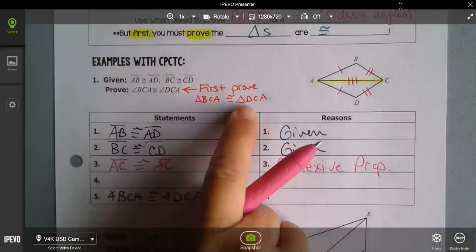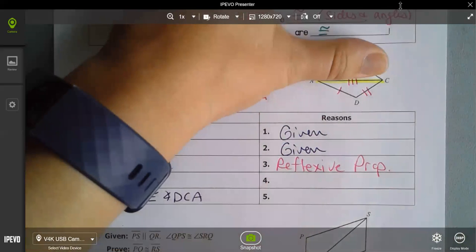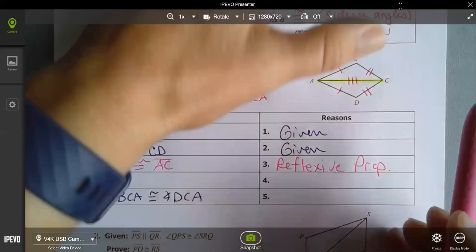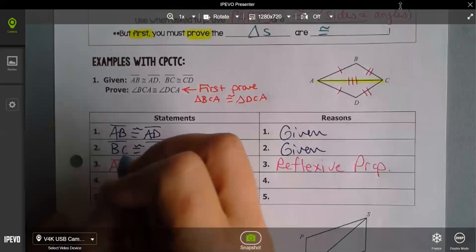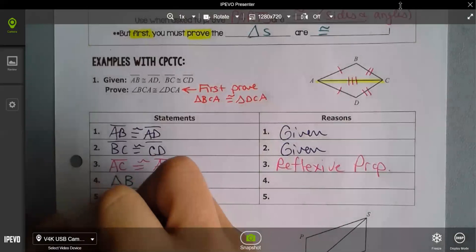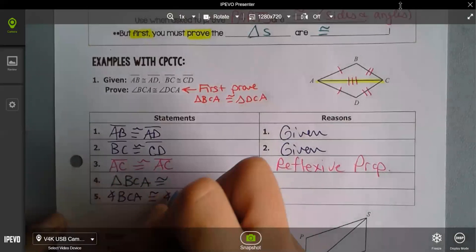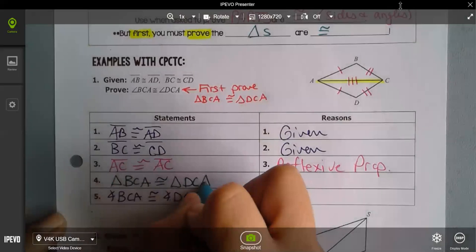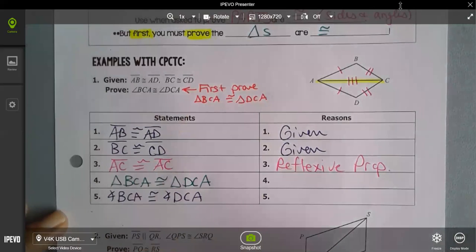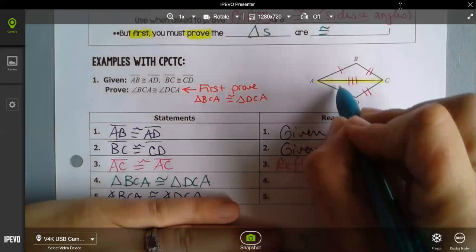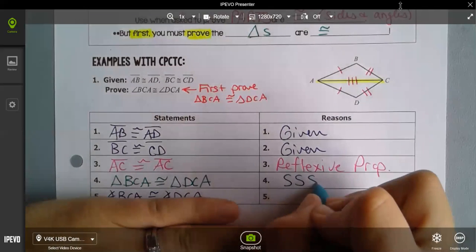Is that enough information to say that my triangles are congruent? What do we have? Side, side, side. So yep, I can say that triangle BCA is congruent to triangle DCA. I just use the same order of letters. And I can say that because of side, side, side.